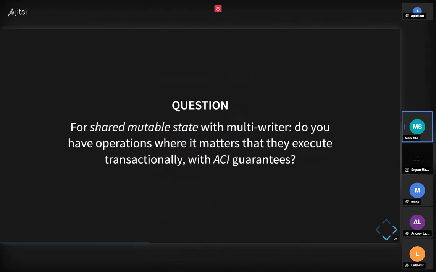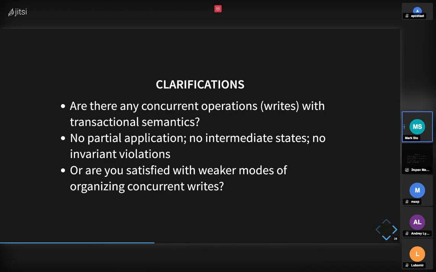So the question here is, for shared mutable state with multiple writers, are there operations for which, by meaning, it's important to execute them transactionally with ACI guarantees?